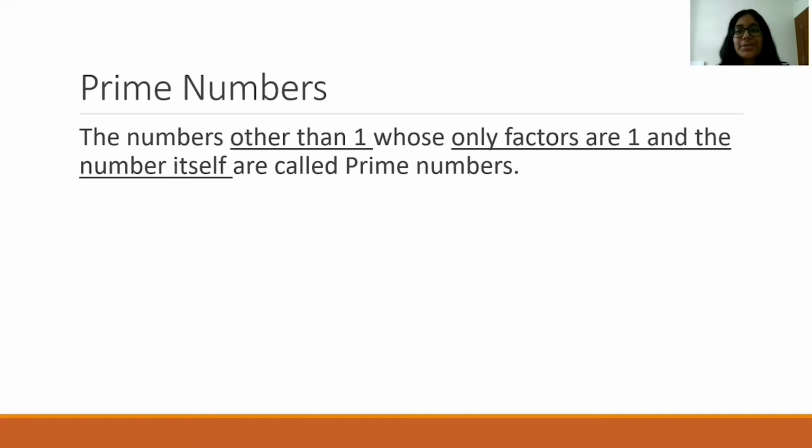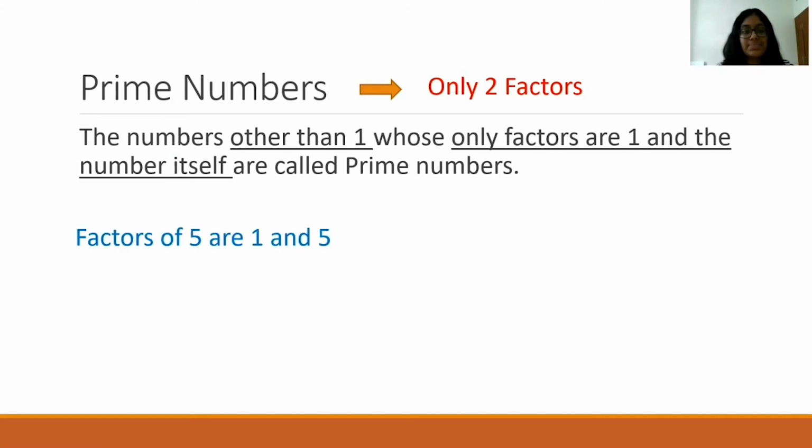Now let's start with prime numbers. A prime number is a number other than 1 whose only factors are 1 and the number itself. So that means that prime numbers only have 2 factors, which are 1 and the number itself.